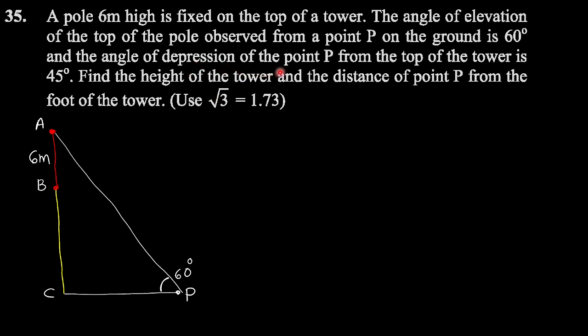The angle of depression of point P from the top of the tower is 45 degrees. B is the top of the tower. This is the horizontal view. If you stand at B, this will be the horizontal view. The angle of depression at P will be, let us draw a line like this.